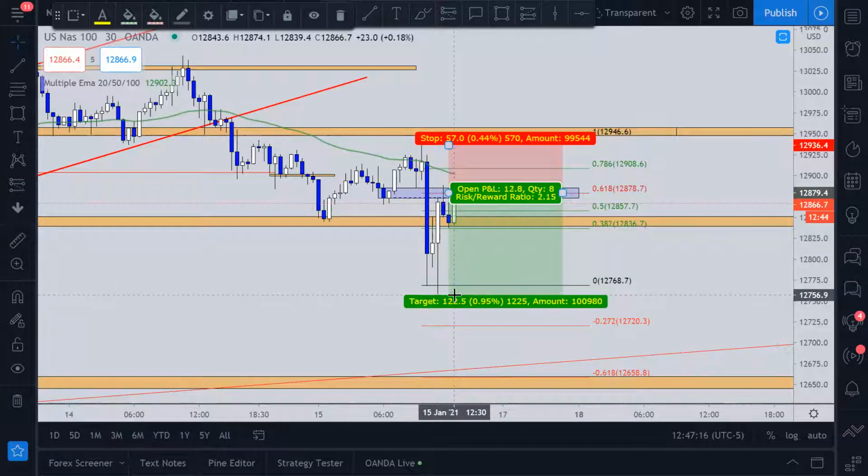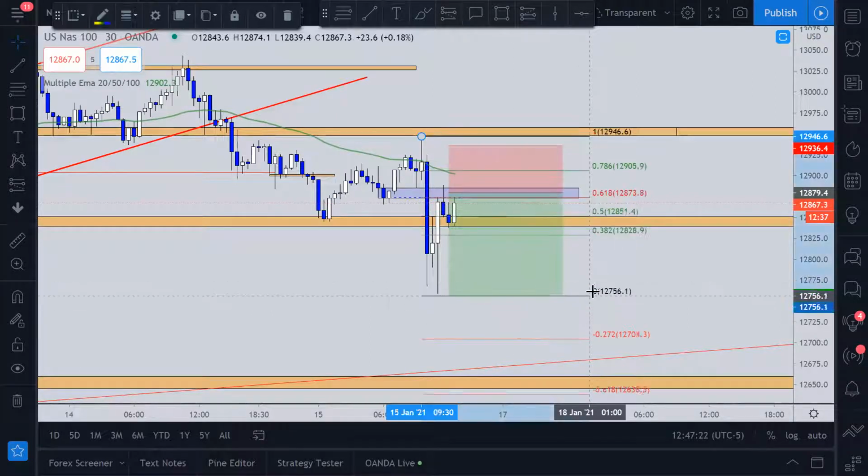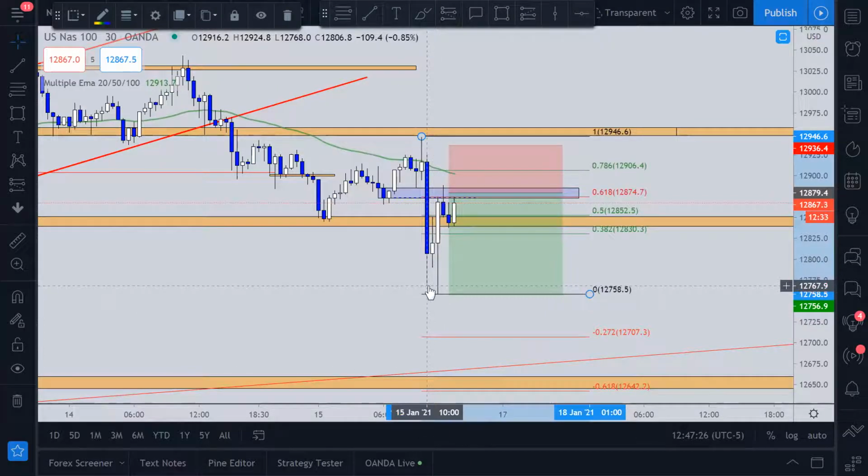Now, I would make an adjustment down here because this exceeded the TP, our target point. It came up, tested the 50 EMA, and came down.